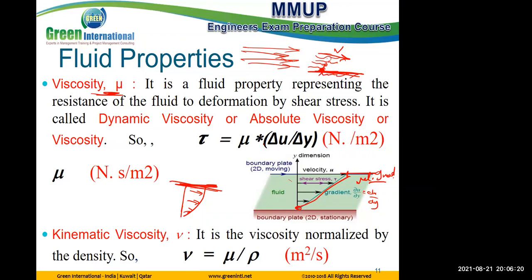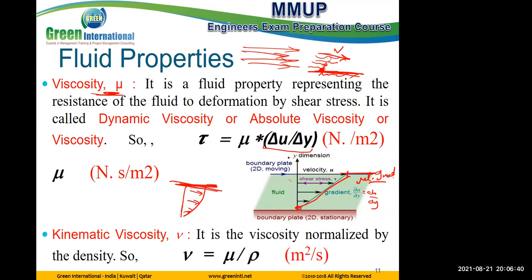What is the name of this term? Please, the name for this term is very important. You have to name it, and many engineers drop marks on this theoretical question. The name for delta u by delta y: first name is velocity gradient. Please, one word is not enough. Velocity gradient.